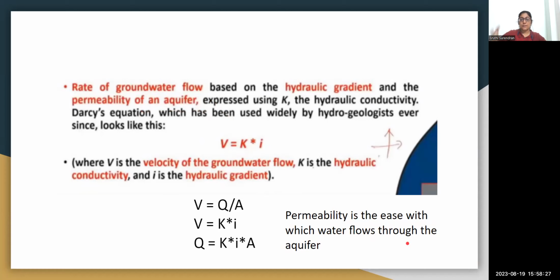Permeability is expressed using the capital letter K, and it is called hydraulic conductivity. So velocity is given by the product of the permeability and the hydraulic gradient.